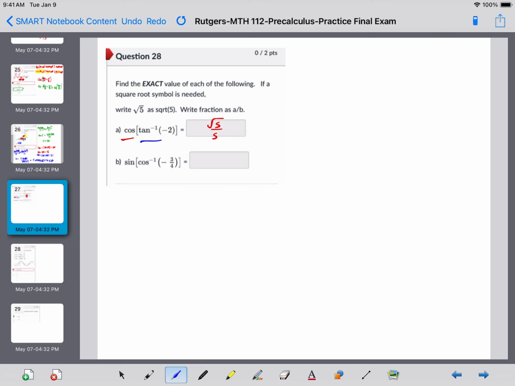So cosine is adjacent over hypotenuse. Didn't really have to include the negative. So cosine is adjacent over hypotenuse.